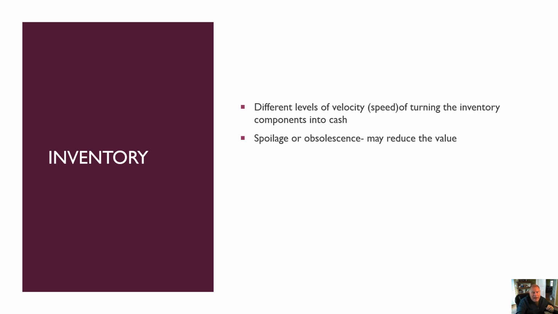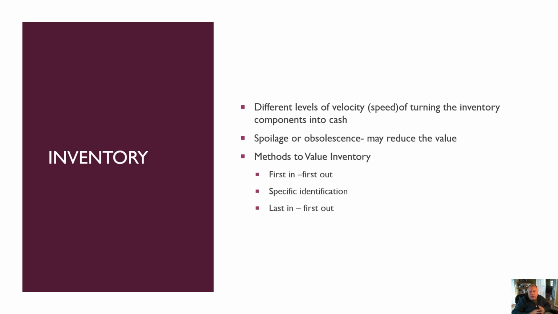Then we value inventory. And when we value inventory, we look at three basic levels. The traditional, first in, first out, which makes sense. If I'm thinking about it, you always take material in, you use the oldest one first. Specific identification, last in, first out. So we really got three methods.